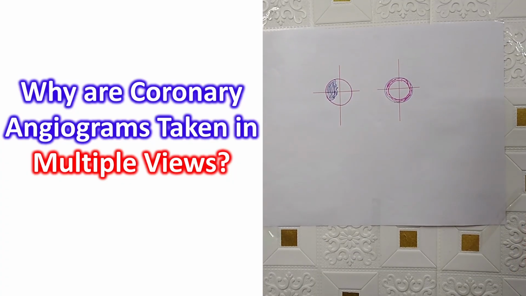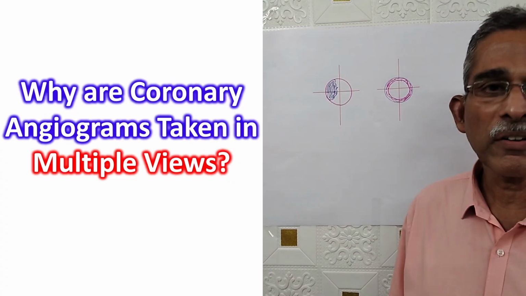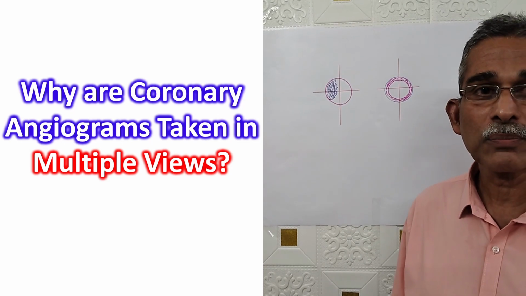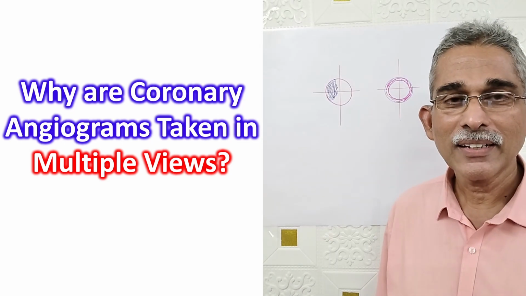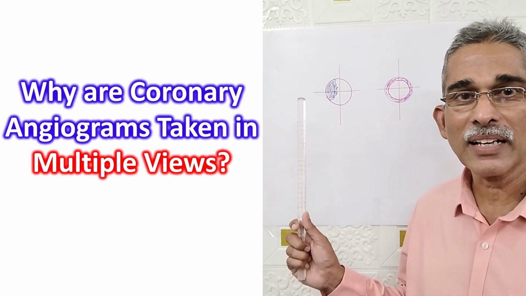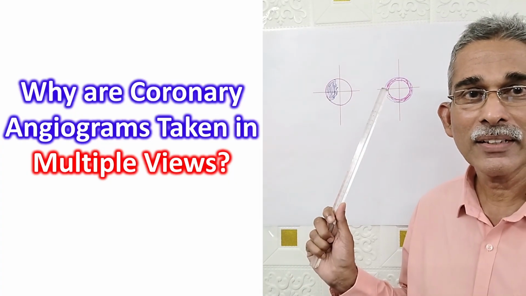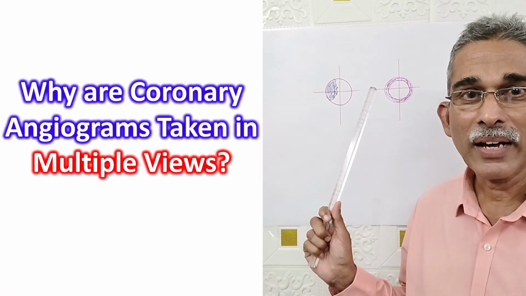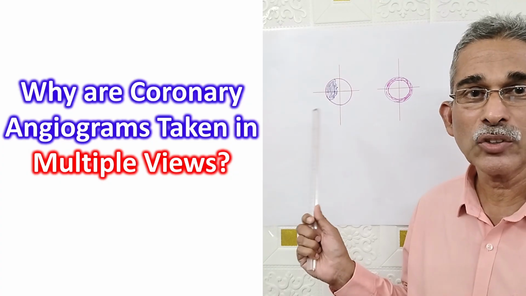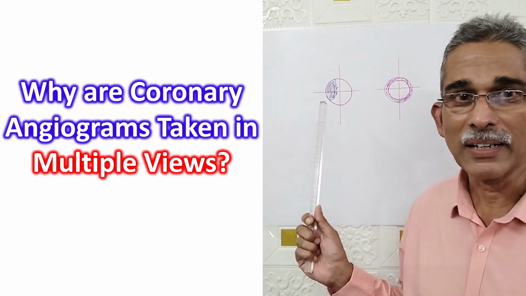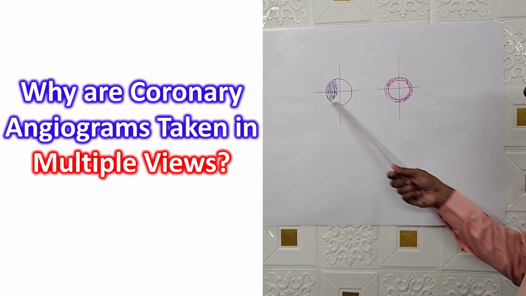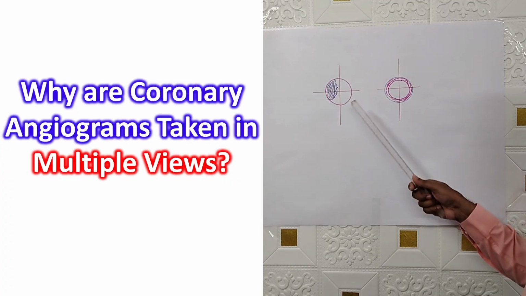Another reason why we need multiple views is for assessment of eccentric lesions. Suppose there are two lesions as shown here. One is eccentric lesion, the other one is concentric lesion, and I have shown imaging in two planes. I'll explain further. This is an eccentric lesion in a coronary artery.